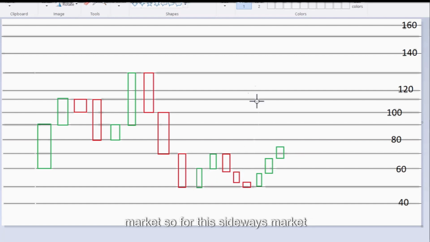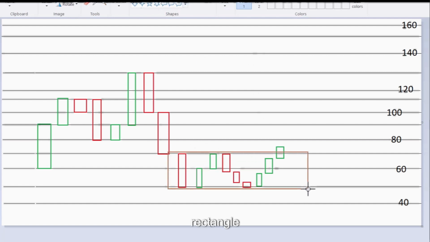So for this sideways market, you need to draw a rectangle. When you see that the market is not getting back to your rectangle anymore, then you need to draw a trend line to understand what trend has started right now.